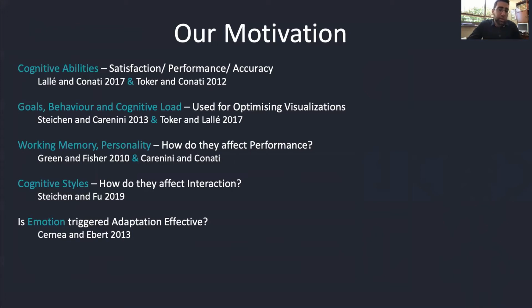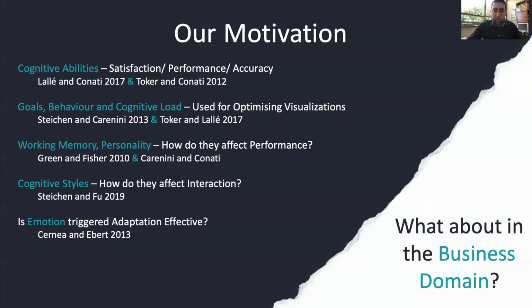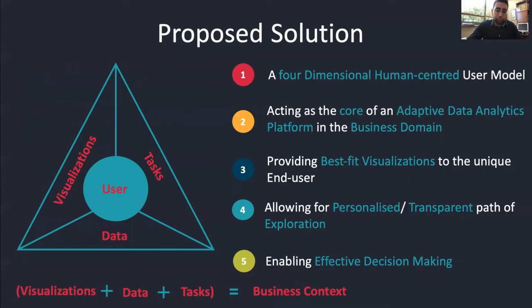Others are investigating how, for example, cognitive styles are affecting the interaction, or how working memory and personality affect performance. Now, while there is a lot of promising work on these human factors, we have not seen how all these factors work and how they apply in the business domain.